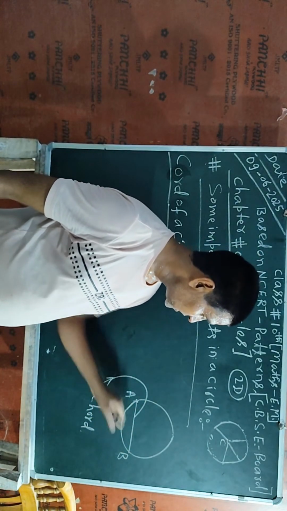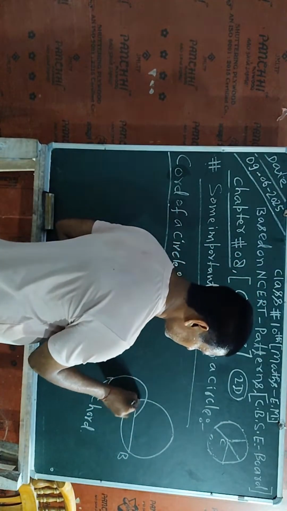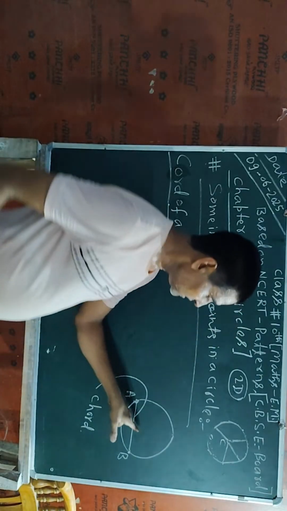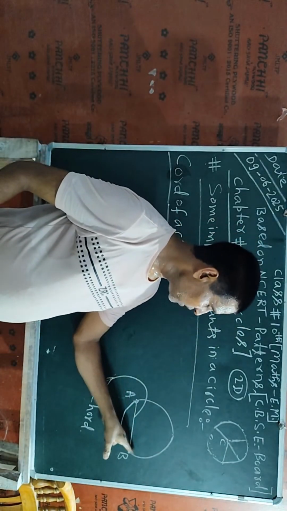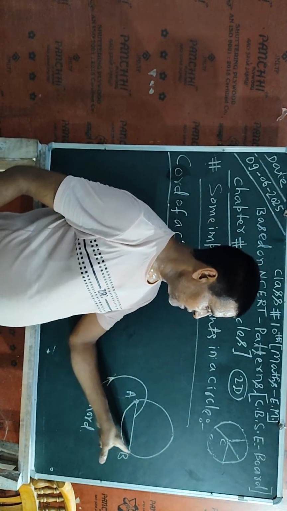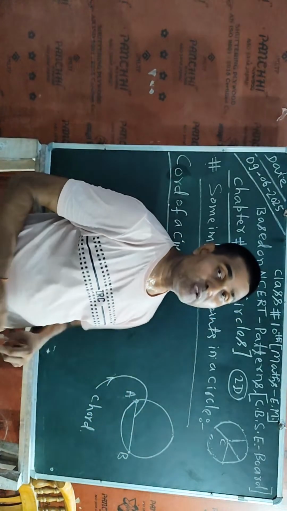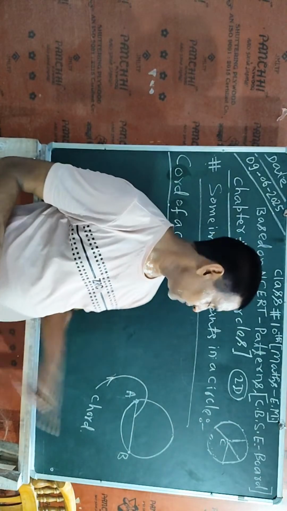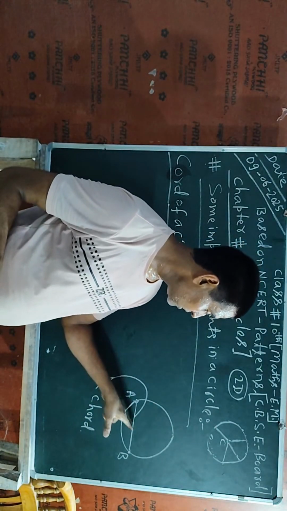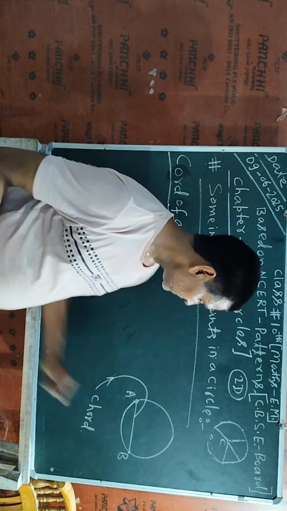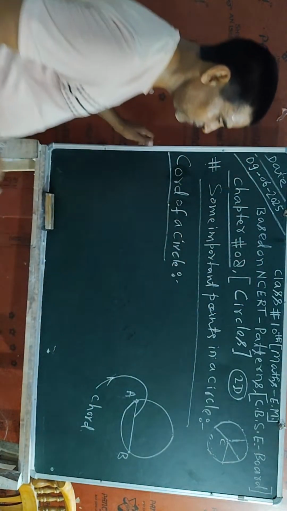This is a line segment because a line segment has two end points: this is one end point and this is the second end point. These 2 points lie on the circumference of the circle, therefore this line I will call a chord.